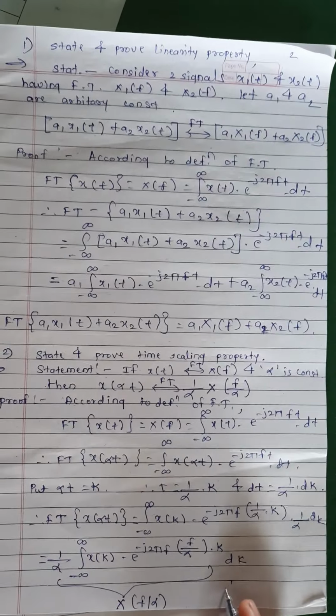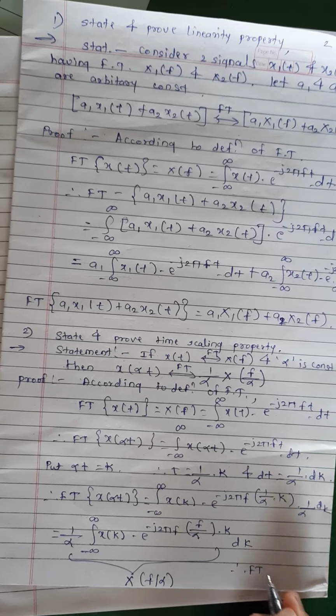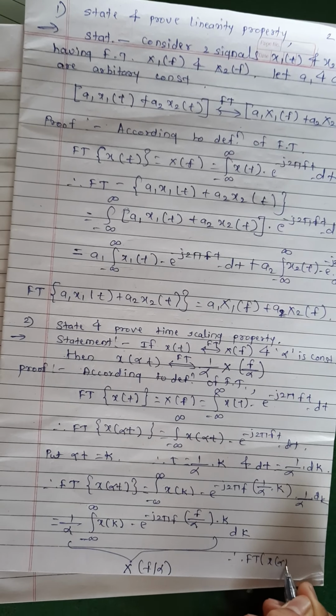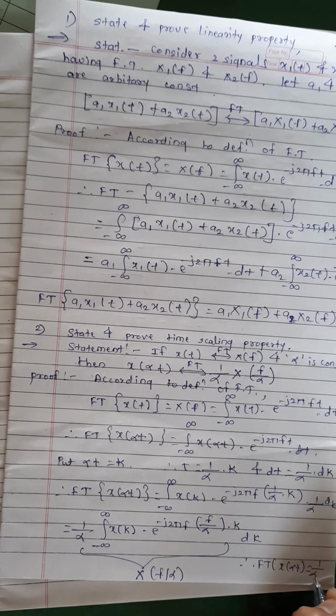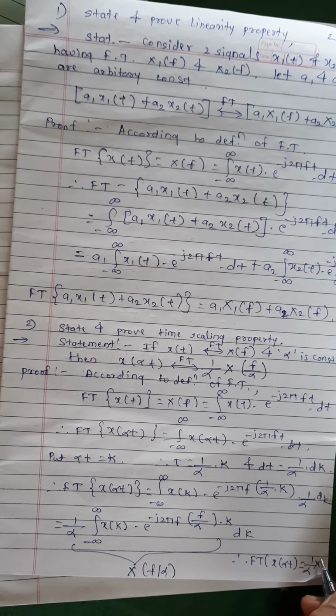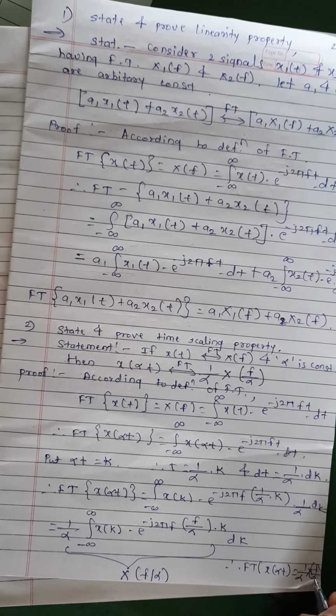Therefore we can write FT of x of alpha t is 1 by alpha x of f by alpha.